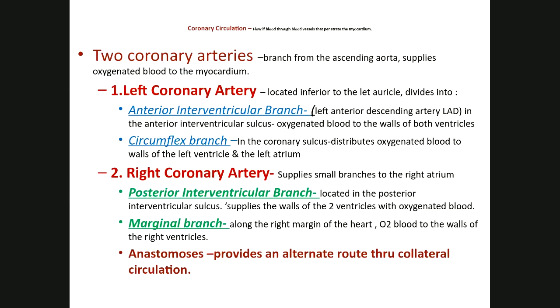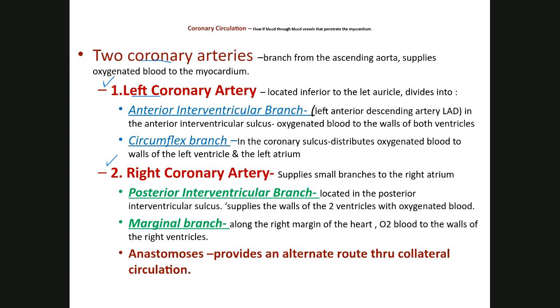So let's talk about the coronary circulation, which is a separate little circulatory system around the heart. So there's two coronary arteries that exit off of the ascending aorta. We have the left coronary artery and the right coronary artery. So off of the left coronary artery, we have two arteries.